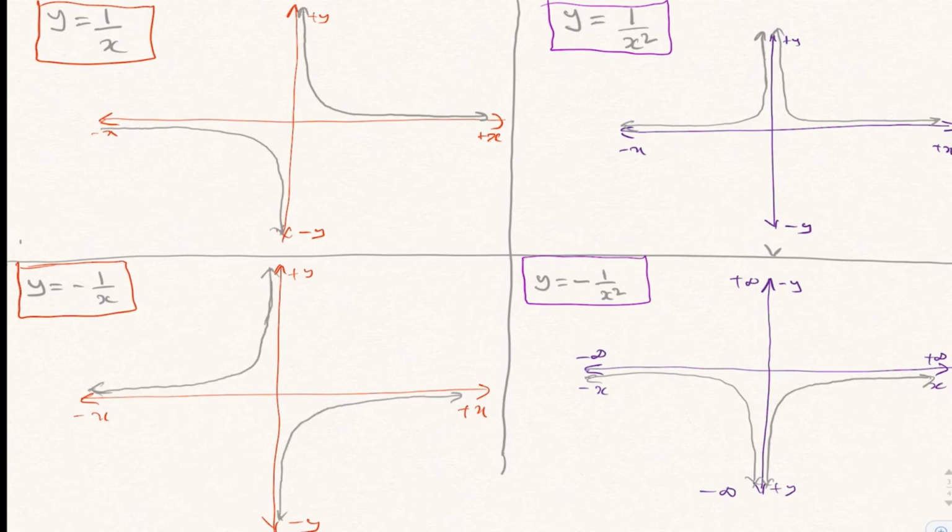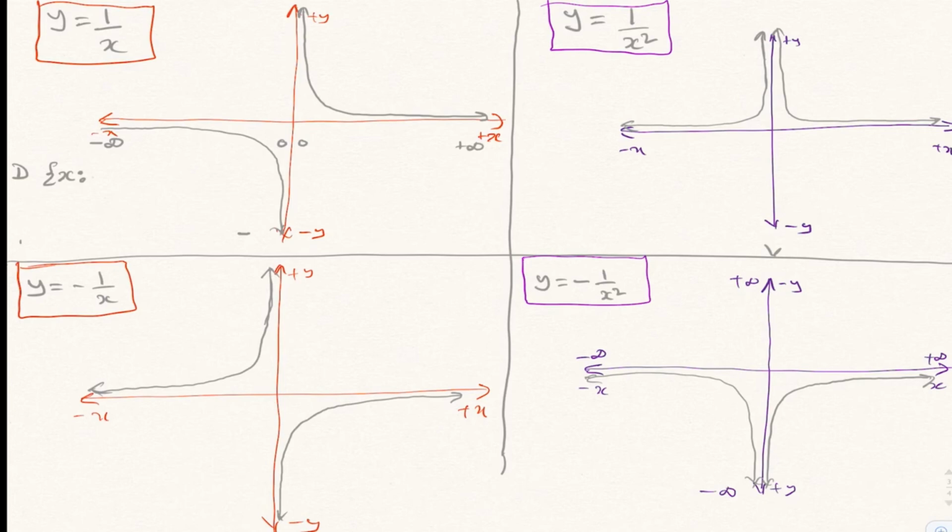Now that you've got those, the next thing to write down is the domain. So let's start with 1 over x. The domain is all the values for x, because we're describing the x-axis. So we write open curly bracket x colon, going from minus infinity to 0, and then from 0 to plus infinity.